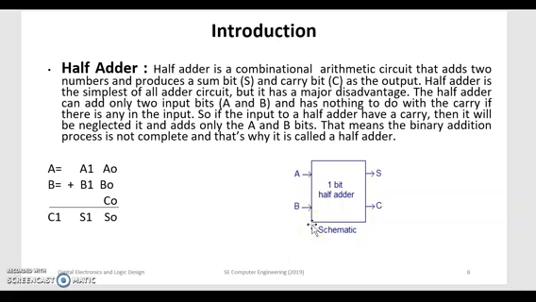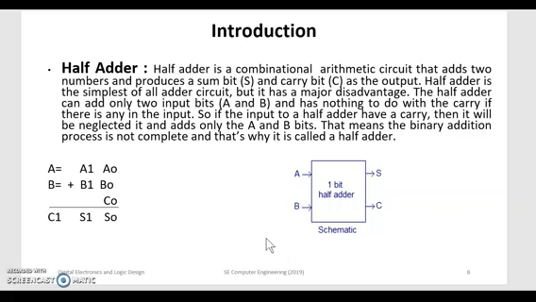It will just add the numbers and will not consider the carry bit. This is the disadvantage of the half adder, and to overcome this disadvantage, the full adder has been designed.